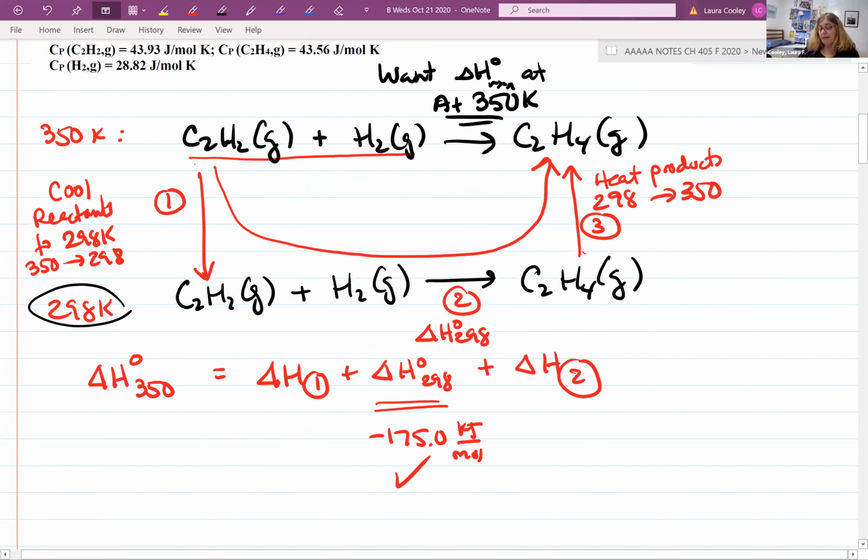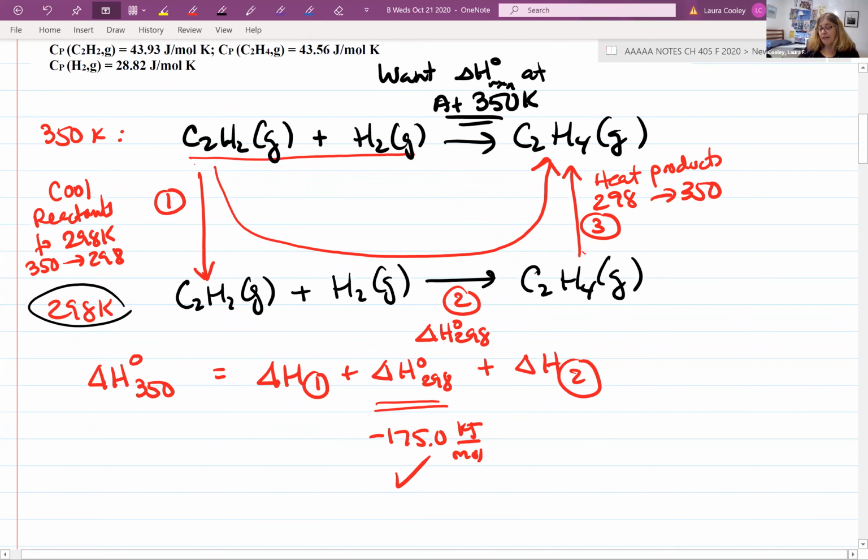So I'd never do that in a question like this. So this is the number of moles of the C2H2 times CP of C2H2 times the delta T. Okay, and the delta T is going to be 298 minus 350.